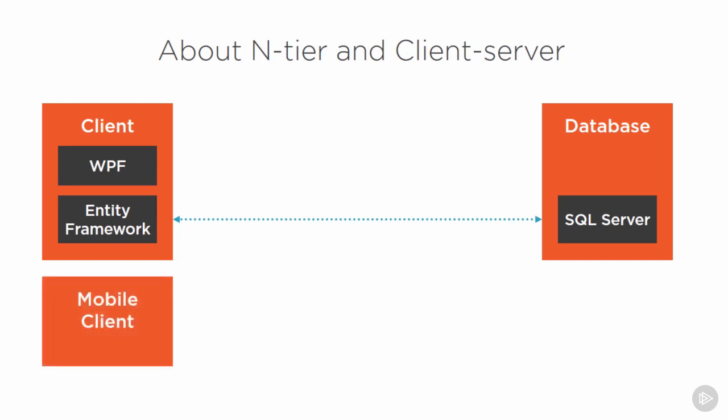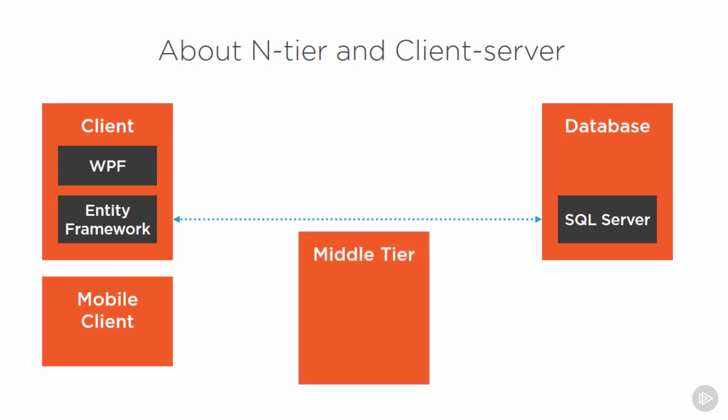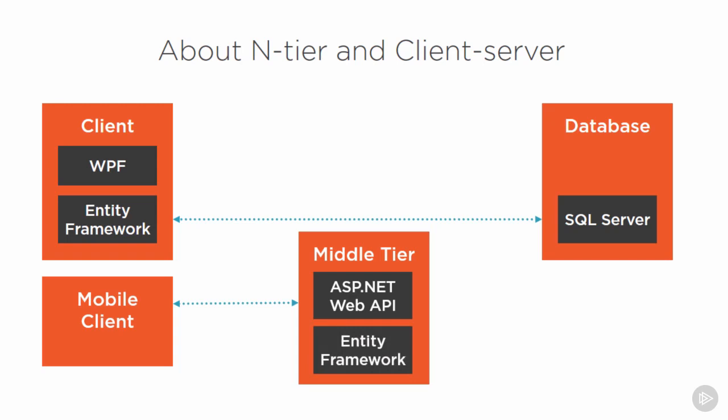Now you don't have a REST service that this mobile client can use. But still, in this case, you can just set up a separate middle tier that is, for example, using ASP.NET Web API to provide a REST service that is consumed by the mobile client. Then that middle tier can use Entity Framework to connect to your SQL Server. Now it's fine, you have a fat client built with WPF that goes directly to the database, and you have a middle tier that provides a service for your mobile clients.